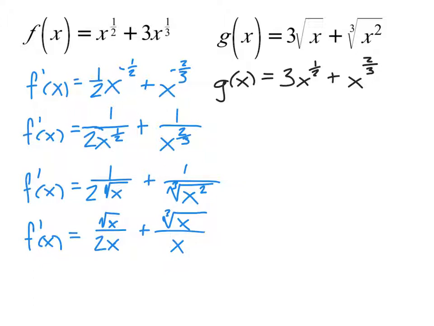Now that I've done that, I can go to finding the derivative, because I've now made it just x to the power of something plus x to the power of something. And so now we're going to g prime of x, because I'm now taking the derivative. For this first one, I'm multiplying the 1/2 by the 3, so that gives me 3/2 times x to the power of 1/2 minus 1, which gives me a negative 1/2.